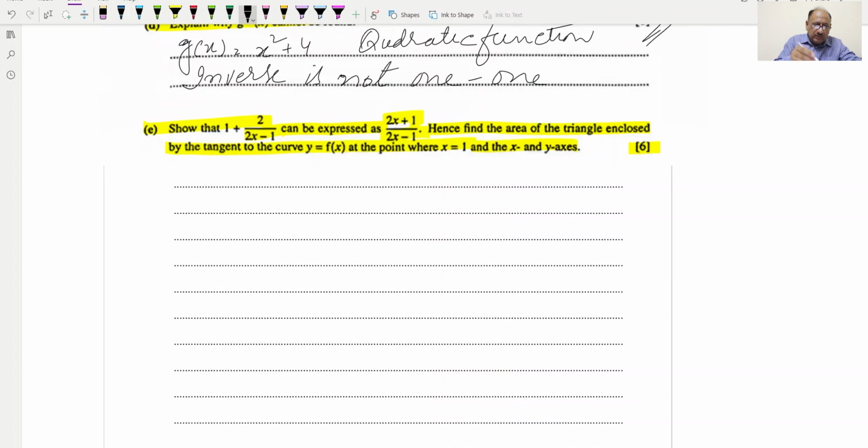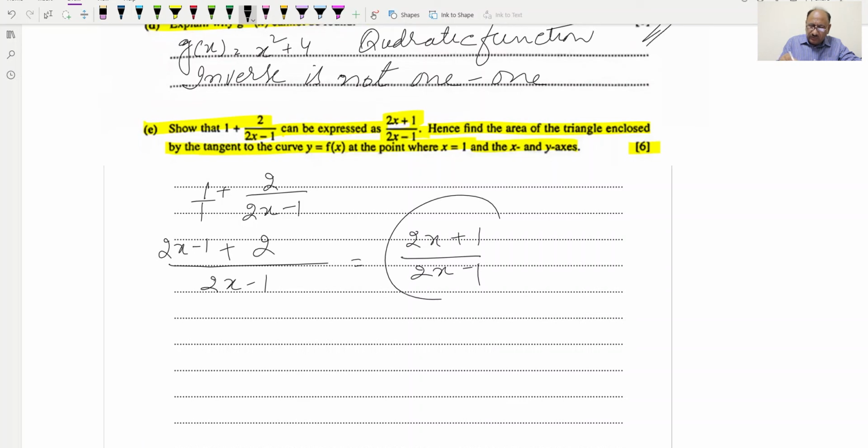So we can rewrite it as 1 plus 2 over 2x minus 1, which we can take LCM and write 2x minus 1 over 1, this will be 2x minus 1 multiplied by 1 plus 2 as it is, and this will be 2x plus 1 over 2x minus 1. This is the required format which we have written.